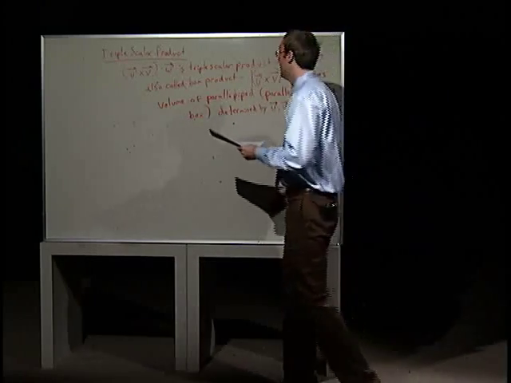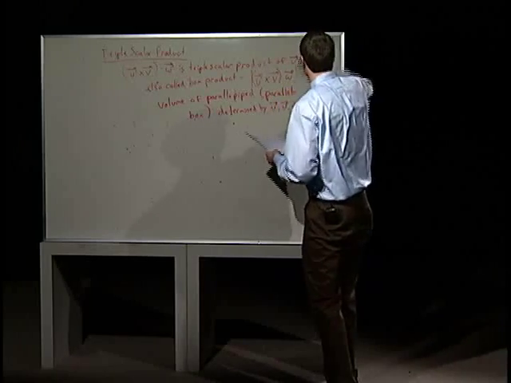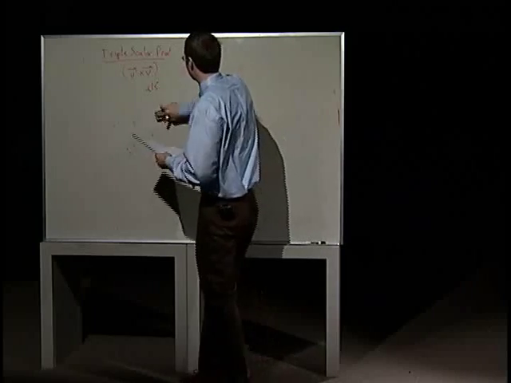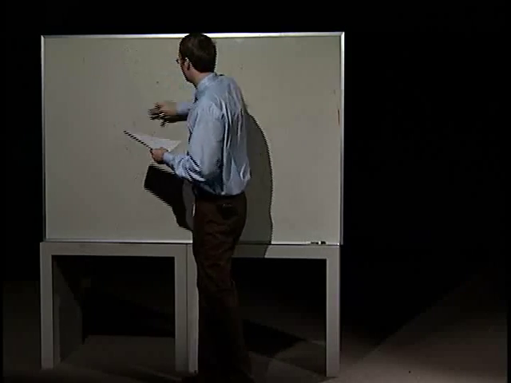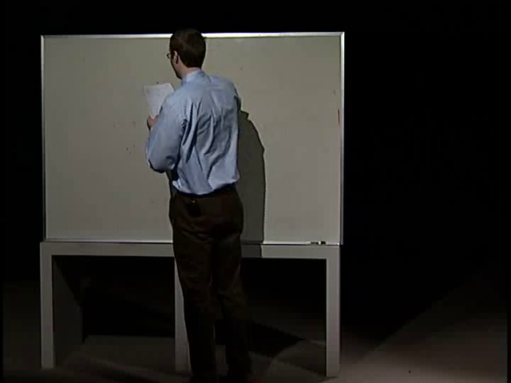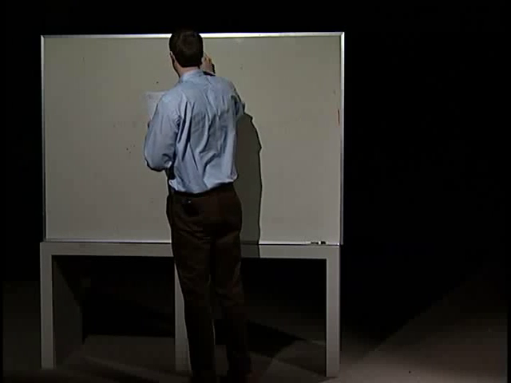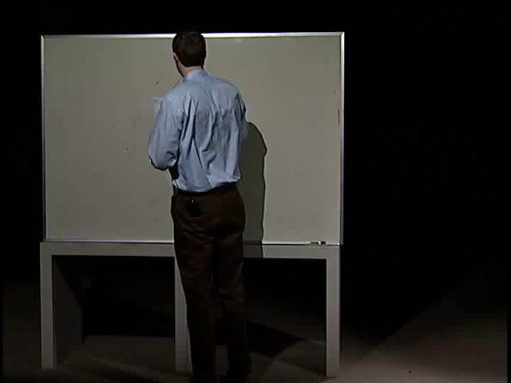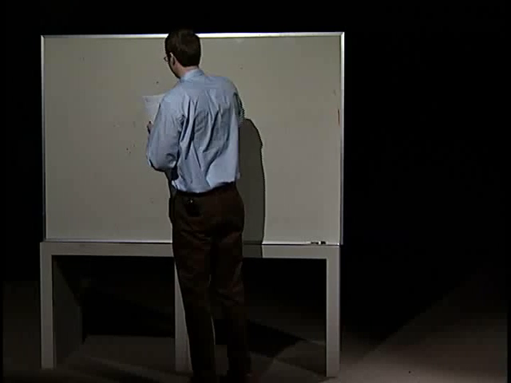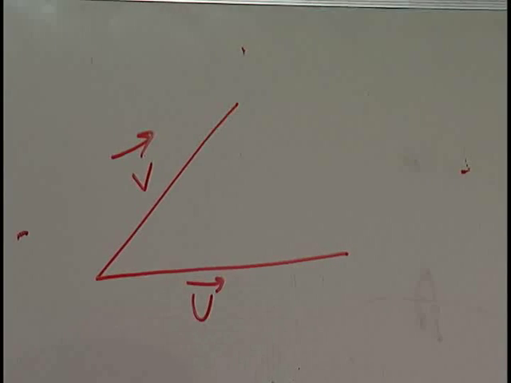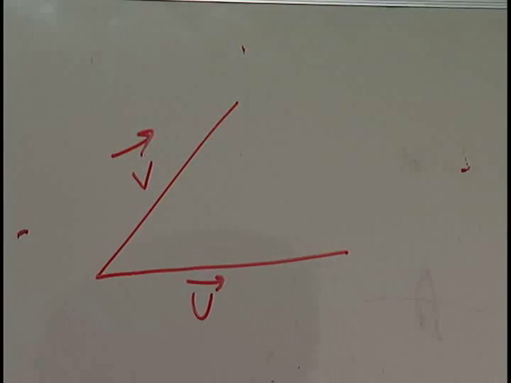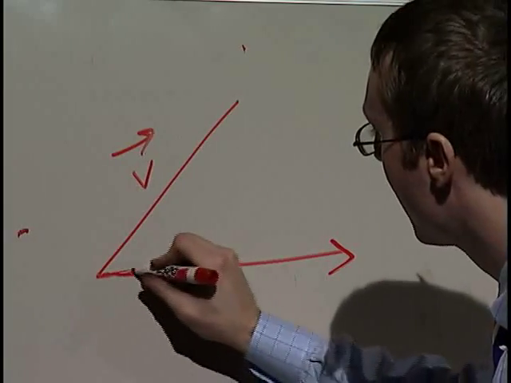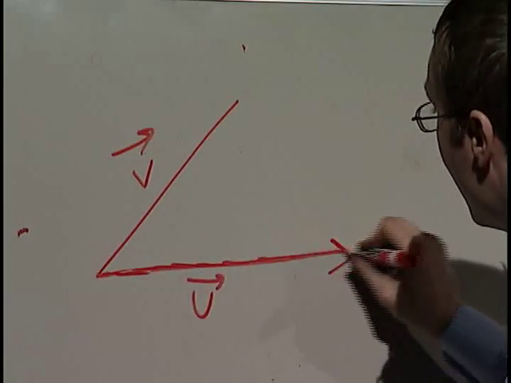So let me get rid of this, and then we'll look at what these things even look like from the geometry side of things. So let me draw a base here. Here's u, and here's v, all right? We'll try to make these dark looking.